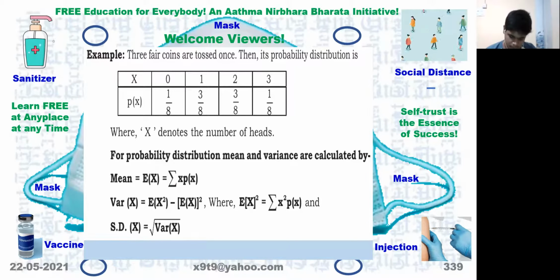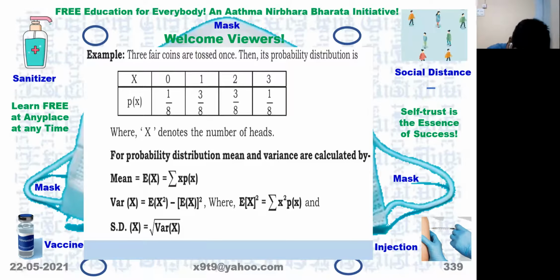Now third column, you write the heading as x into p of x. That means first column multiplied by second column value.